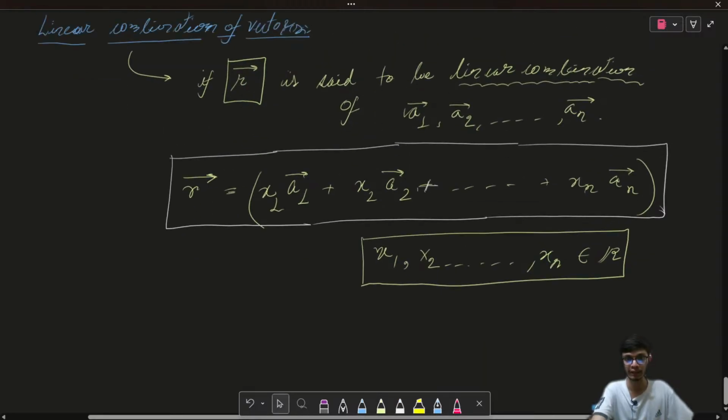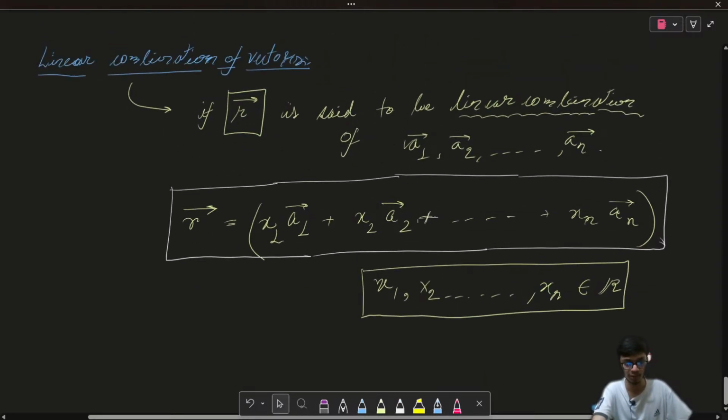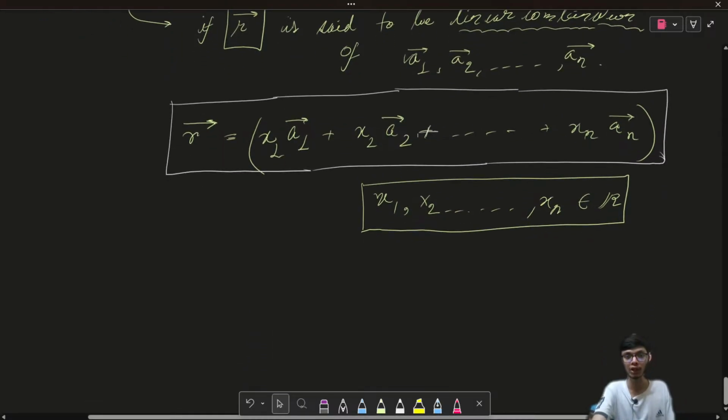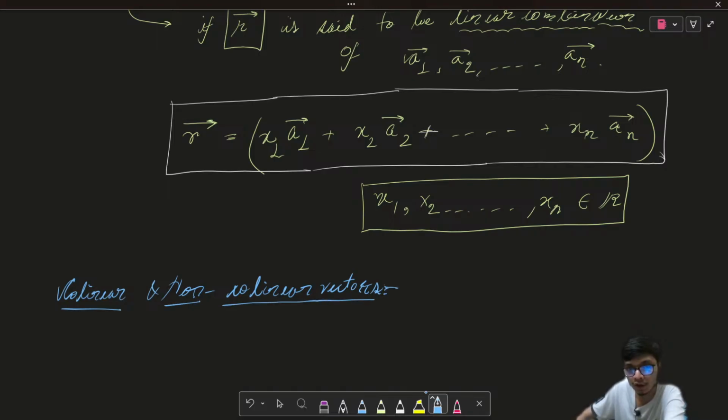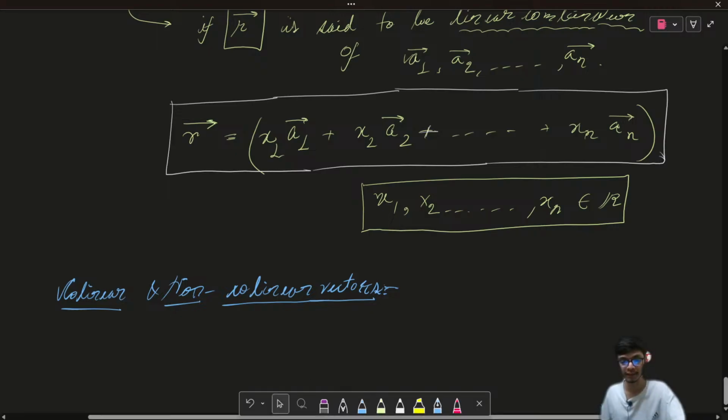We have already discussed collinear and non-collinear vectors in our basics of vectors. So collinear vectors can be expressed in terms of a linear combination.